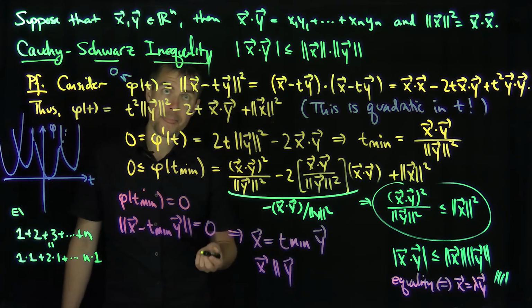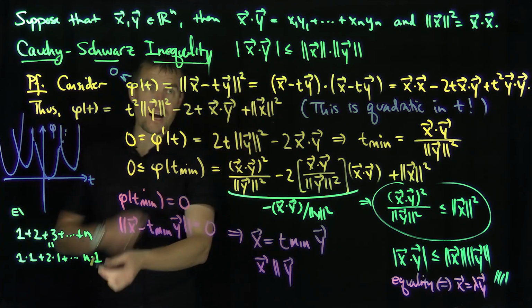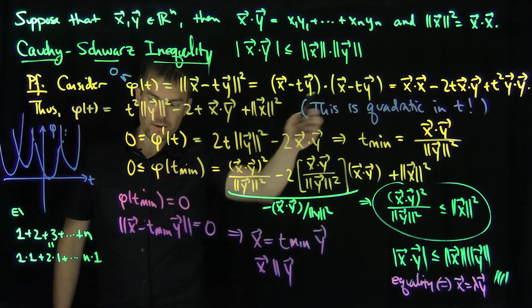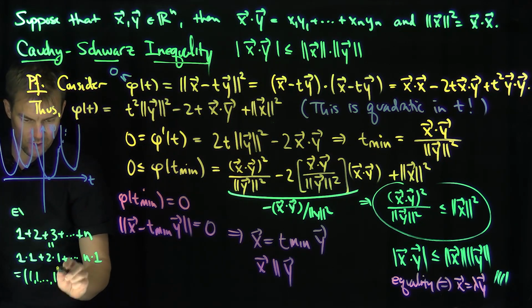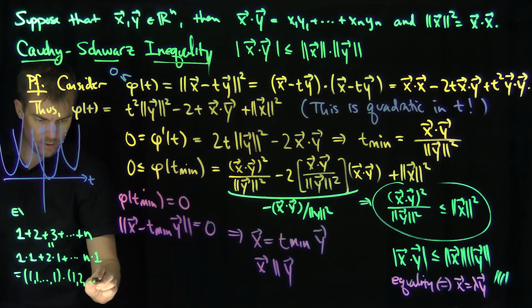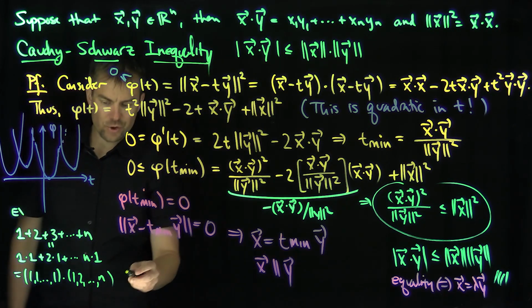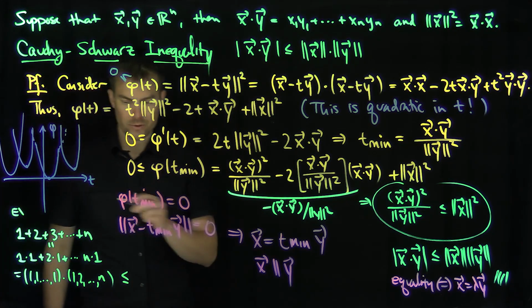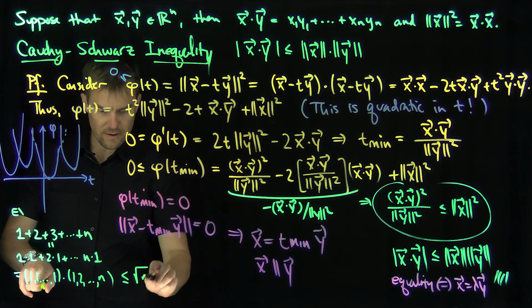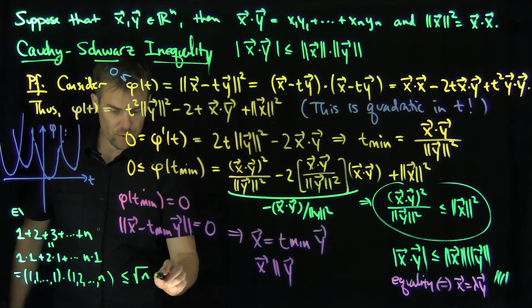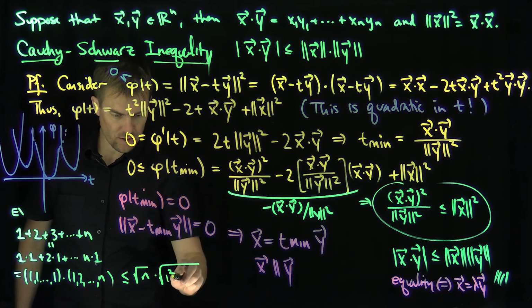And now I have a dot product over here: the dot product of 1, 1, all the way up to 1, with 1, 2, all the way up to n. So Cauchy-Schwarz says that this quantity is less than or equal to the square root of the sum of the squares of those things, which is root n, times the square root of 1 squared plus 2 squared plus up to n squared.